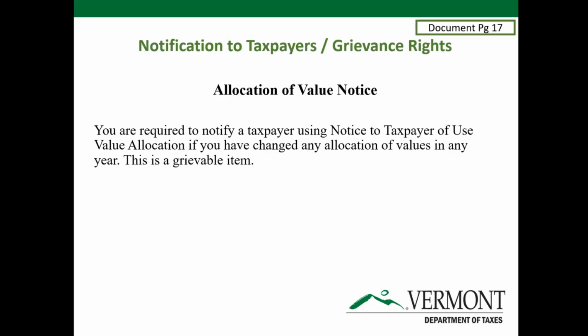It is my opinion, I'm not going to speak for all DAs, but I'll let Christy chime in after, that notice of use value allocations should be sent out every year. The reason being that the exemption changes because that use value per acre is going to change. And it's just a way to let folks know what to expect on their tax bill. We don't want them to be surprised when they get to the tax bill piece, because then their ability to grieve or ask questions is limited.